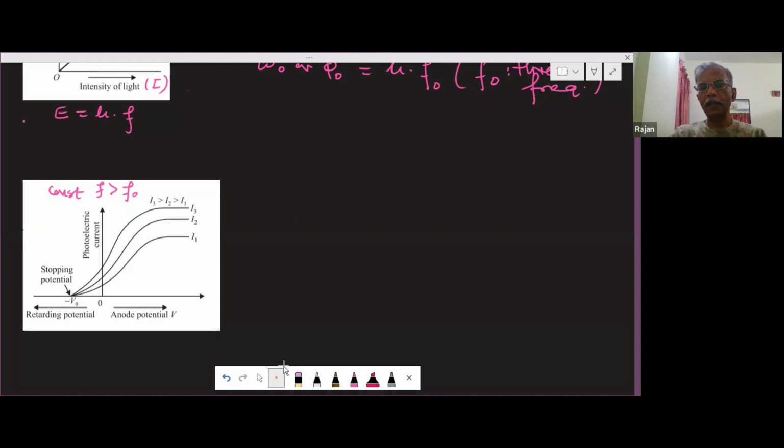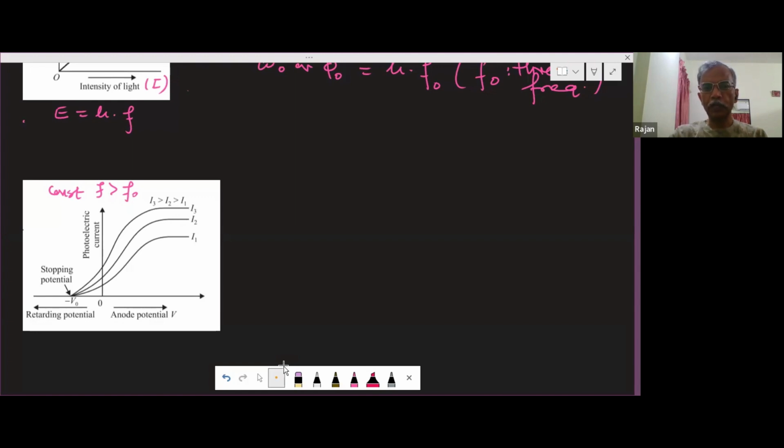Now, one after the other, I1 we had taken. For that, in the graph, once I increase my anode potential, the photoelectric current will also increase, right? But after a certain value of the anode potential, we will find that the photoelectric current is almost constant.